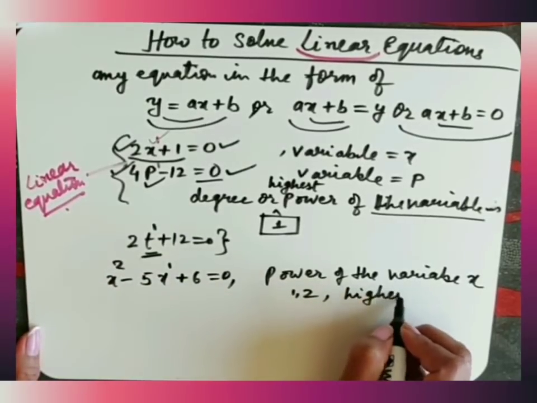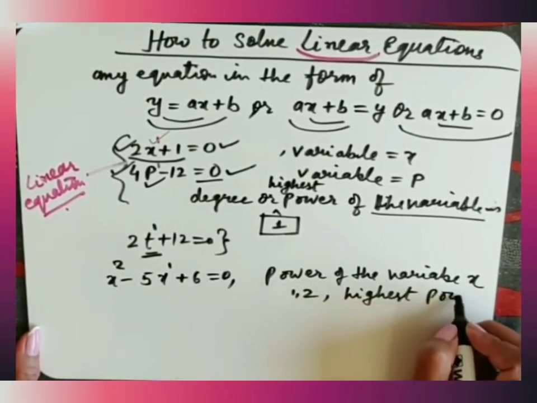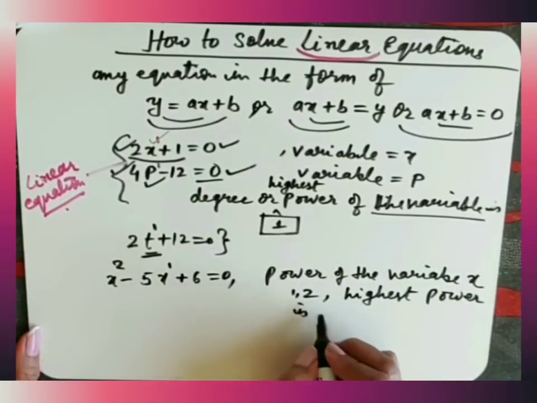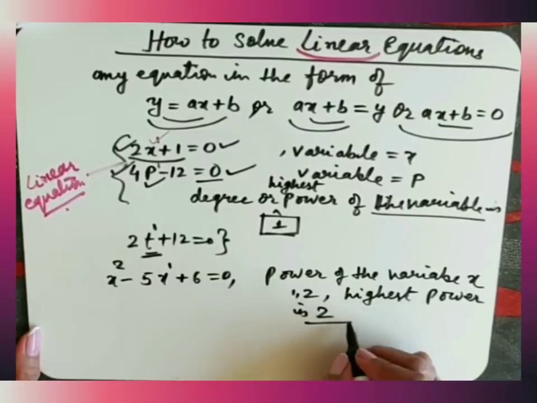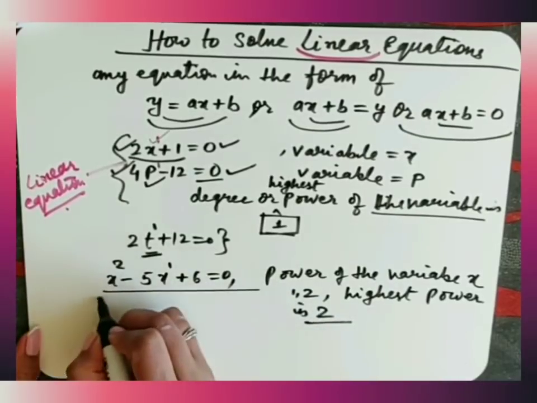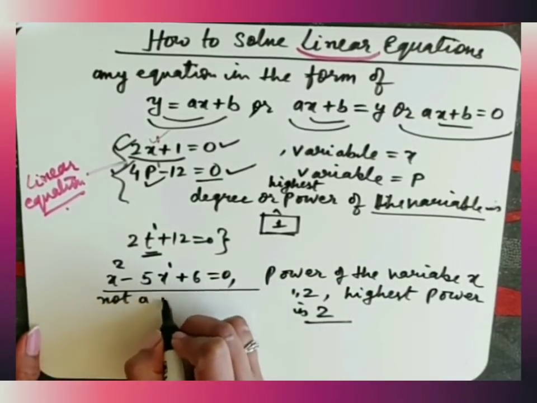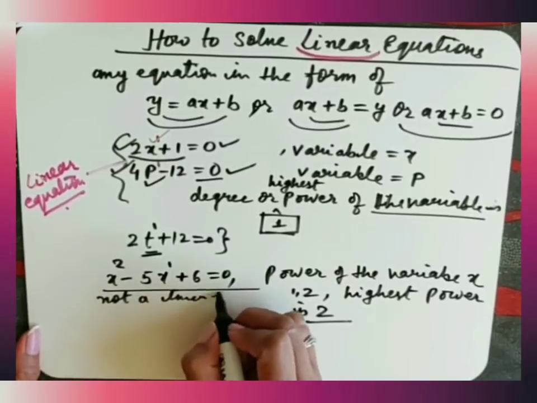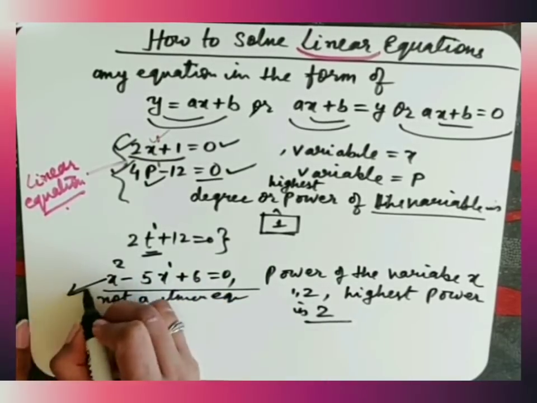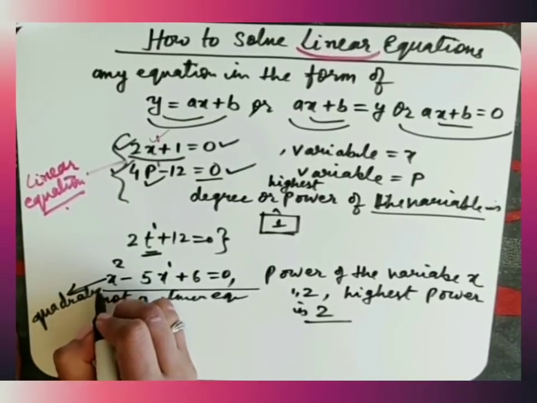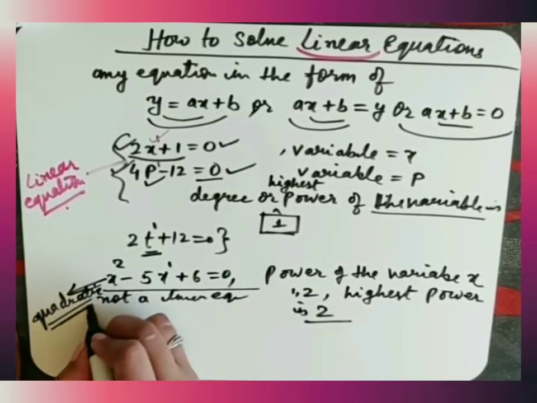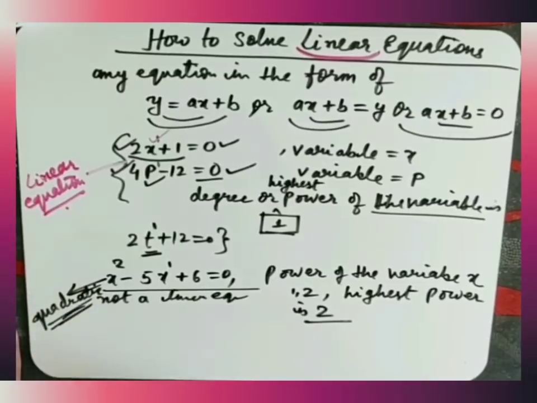The highest power is 2, not 1. So this is not a linear equation. What type of equation is this? This is a quadratic equation. I will make another video on quadratic equations soon.